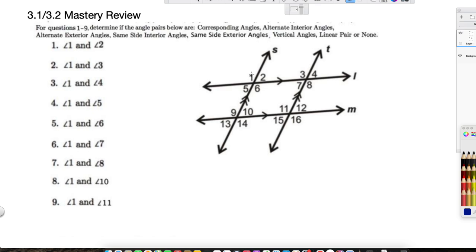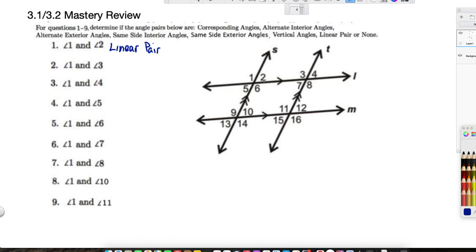So we have angle 1 and angle 2 here. Well, these share a vertex, share a side, and they're supplementary, so this is a linear pair. One and three. Okay, so we have angles off of two different parallel lines.